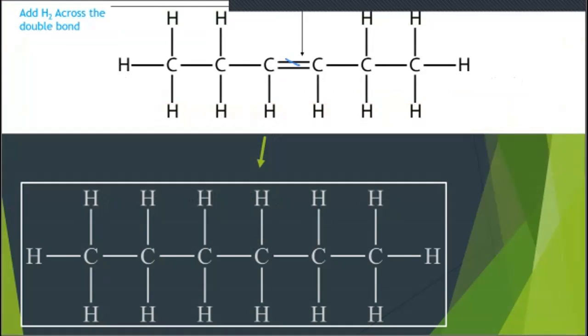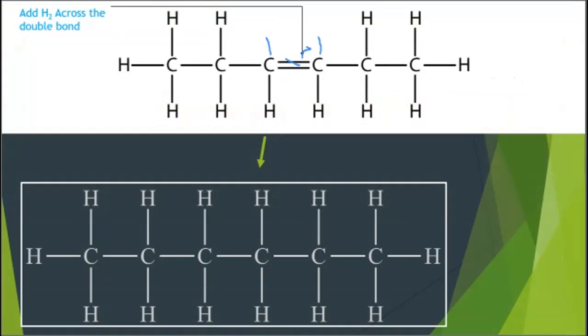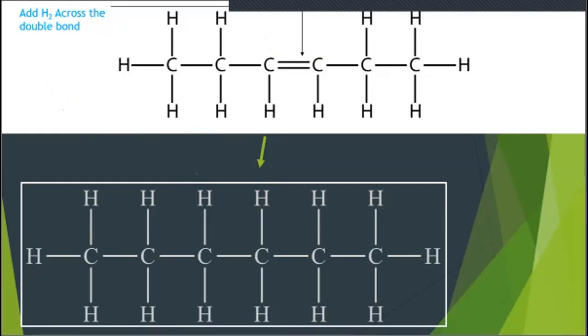And hydrogen from H2 is added across the double bond. So one hydrogen comes there, and the next hydrogen comes there. It is added across the double bond, producing the alkane.